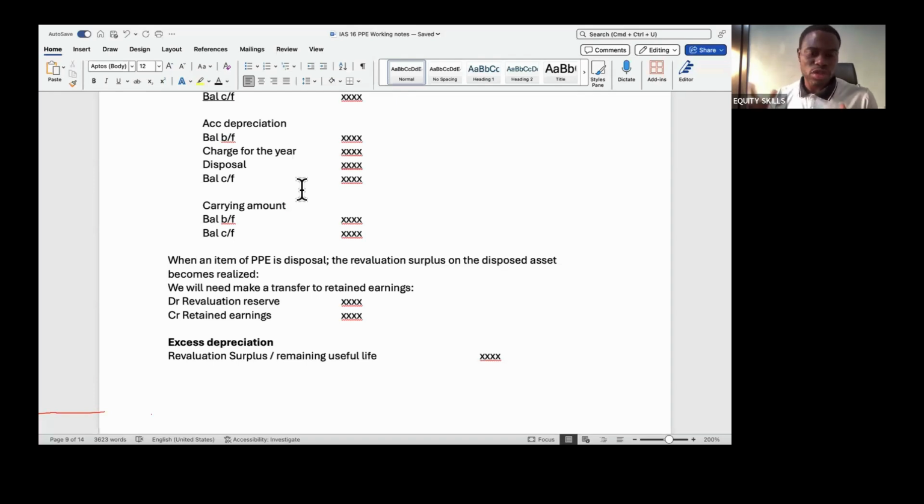So it would ultimately still go to retained earnings. But the standard specifically mentioned that when revaluation reserve becomes realized, you take it to retained earnings. So, but good question. Joy, over to you.